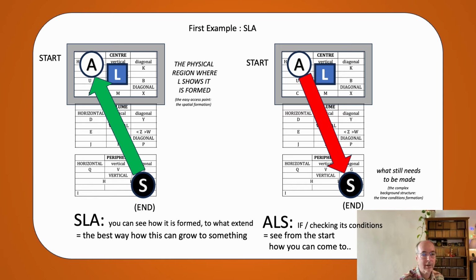So it is a way of saying, let's see from our large structure how things will be formed and to what extent it can be formed. So also in combination with L, it is in the middle of the physical region where everything is formed. The L position is the formation process. So you have also a structure, like a horizontal, a vertical, the diagonal.